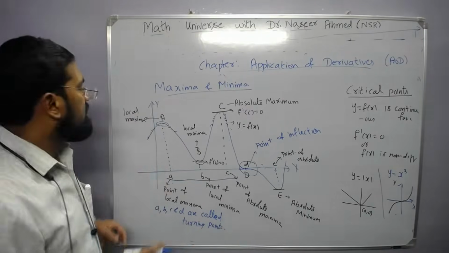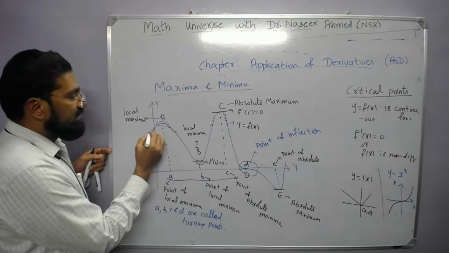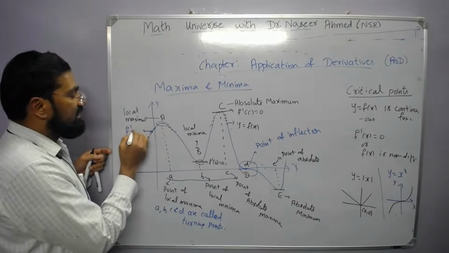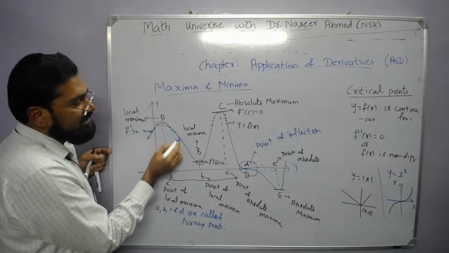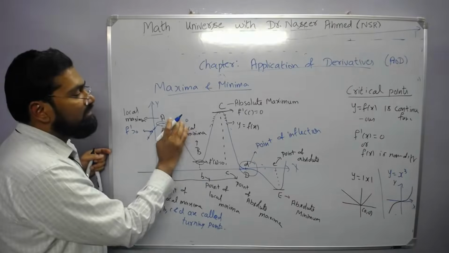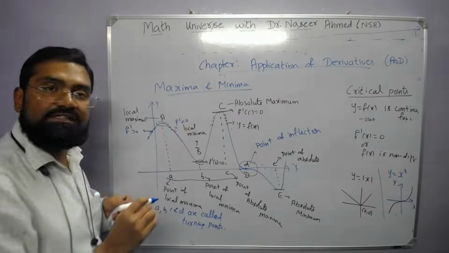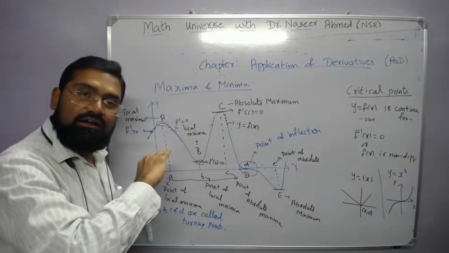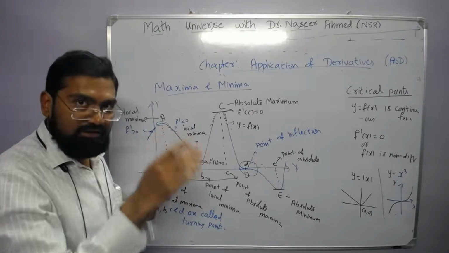And lastly, one more thing. See, here it is increasing. So when I say increasing function, f dash is greater than 0, and here it is decreasing, so f dash is less than 0. I am going to go for one test known as first derivative test, which is talking about how a function is behaving, increasing or decreasing.